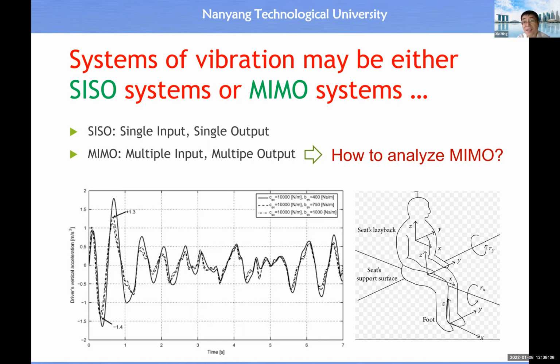All signals are a sum of sine functions. For example, the bus driver receives a vibration signal. At least it is a sum of 5 vibration signals, and each individual vibration signal is a pure sine function.